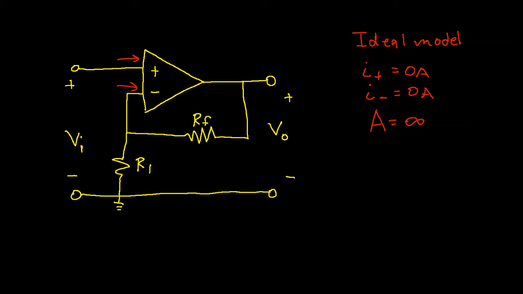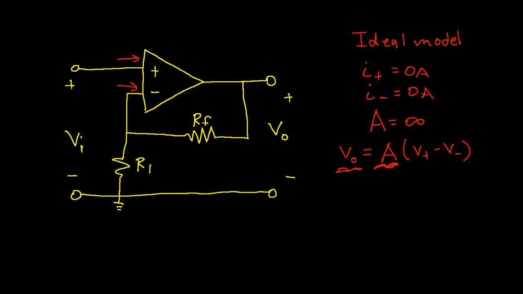So ignoring the feedback configuration, resistors R1 and RF for a minute, the output of the op-amp is the gain times the voltage at the non-inverting input minus the voltage at the inverting input. And this is going to be some finite number. Since the gain is essentially infinite, realize it's very big, but it's not infinite.